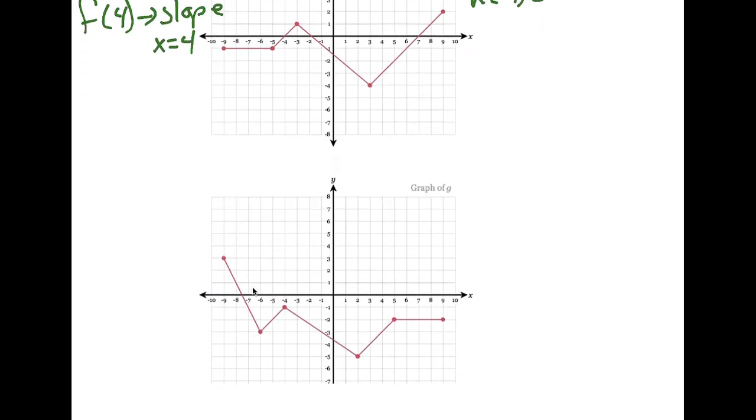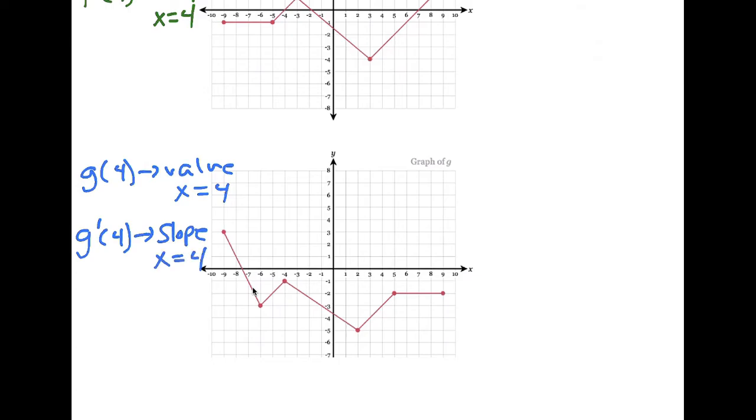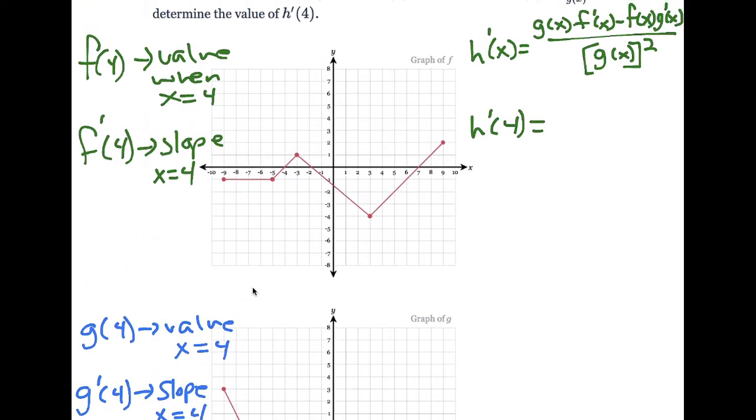Similarly, down here, g of 4 is the value when x equals 4, and g prime of 4 is the slope when x equals 4.